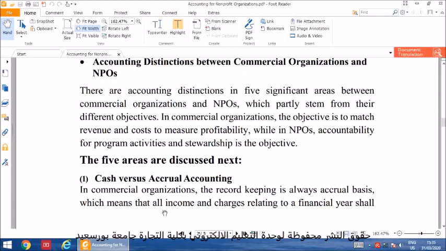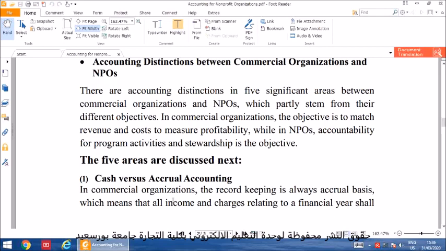So this is the first area that we need to distinguish between commercial organizations and NPO related to accounting: cash versus accrual accounting. We have two kinds of accounting basis: cash basis accounting and accrual basis accounting.